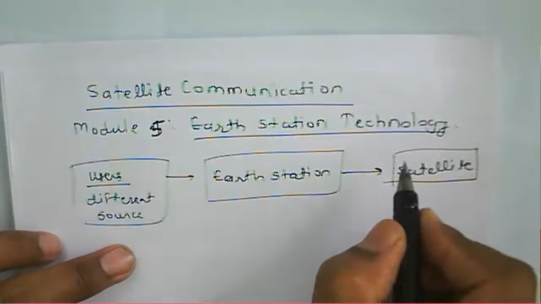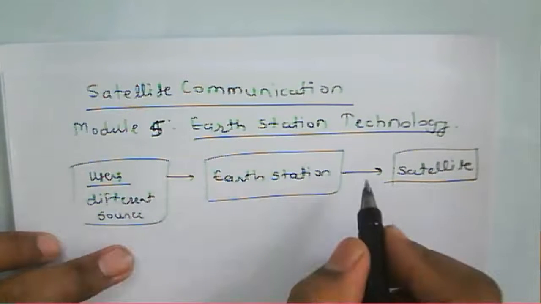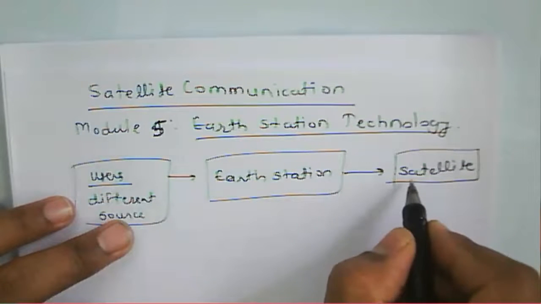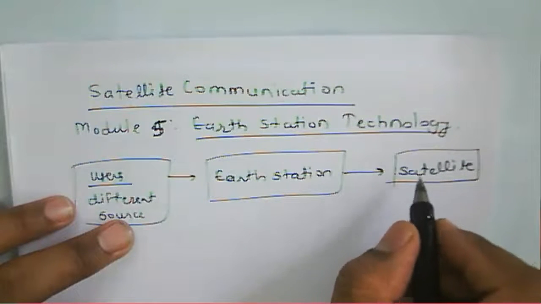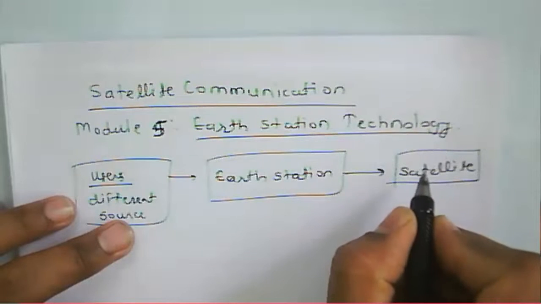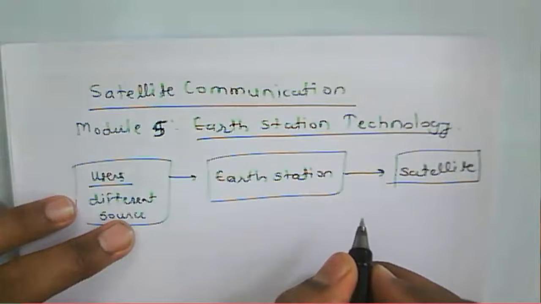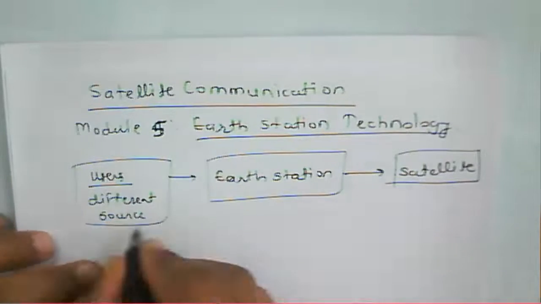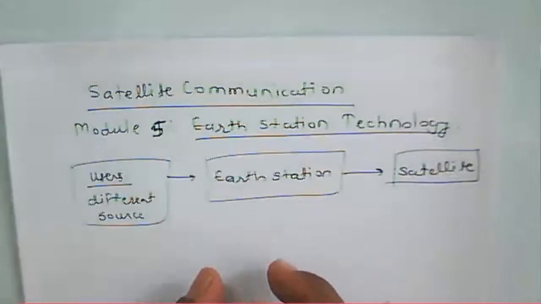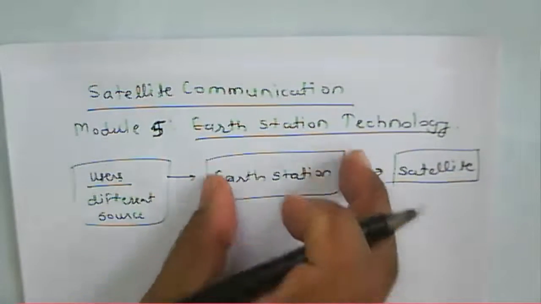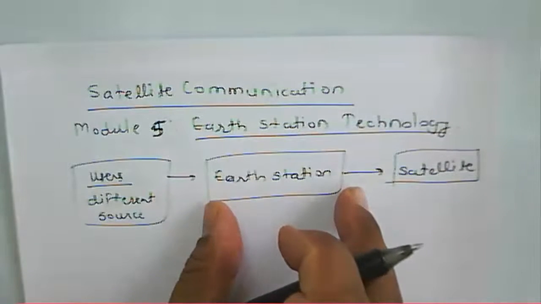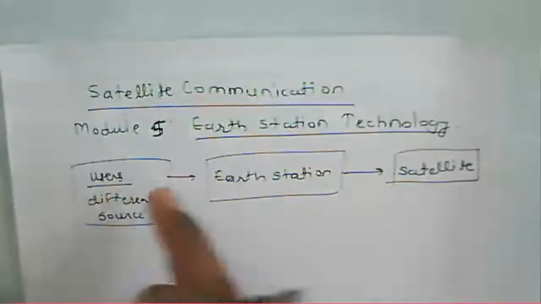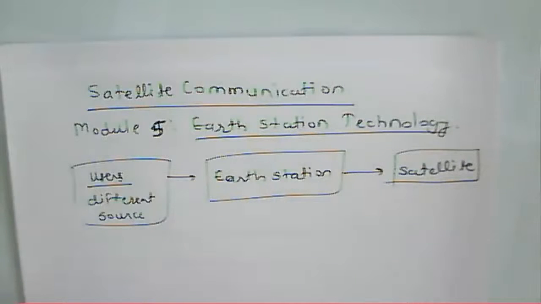Whichever signal is received from this terrestrial interface, the satellite processes the signal, and then the appropriately processed signal will be transmitted again to the users. That is the process. Here we can say that this Earth station is nothing but a gateway or a mediator between the users and a satellite.